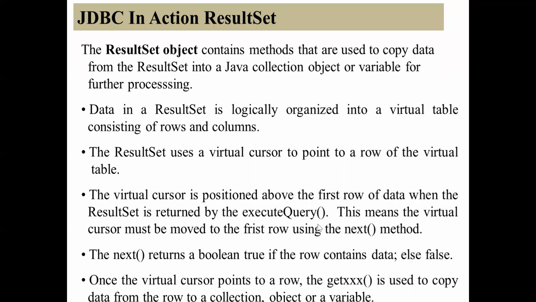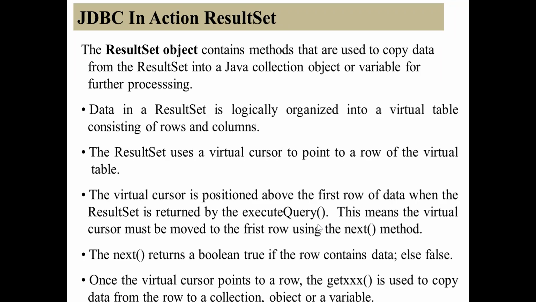So that means when you copy the data from the result set, it is stored in the virtual table containing rows and columns. The virtual cursor is positioned above the first row of the table when the result set is returned by the execute query.